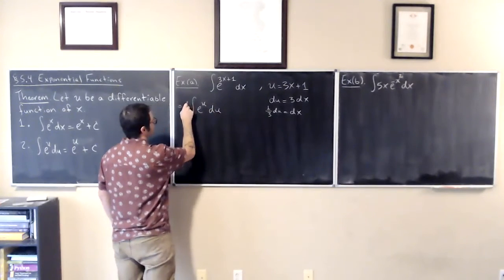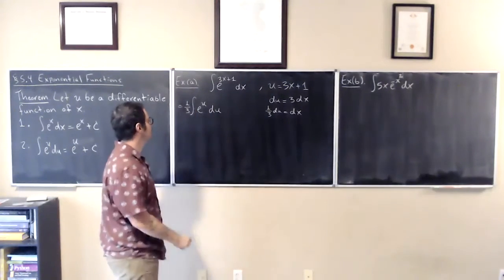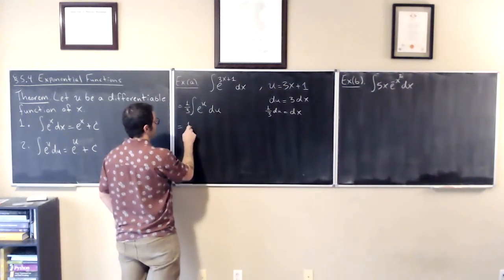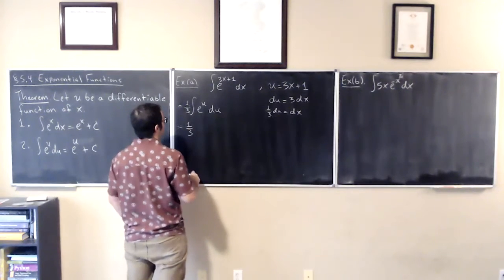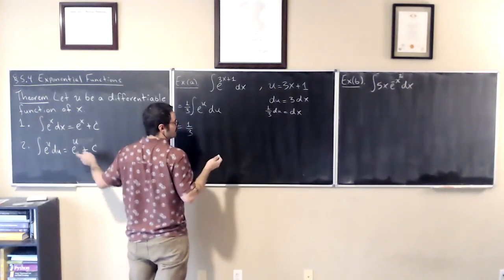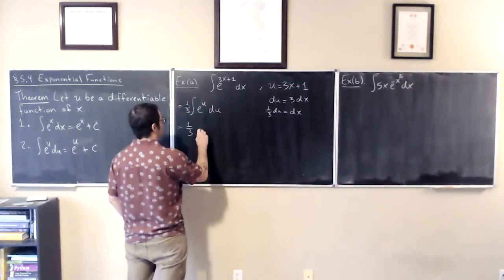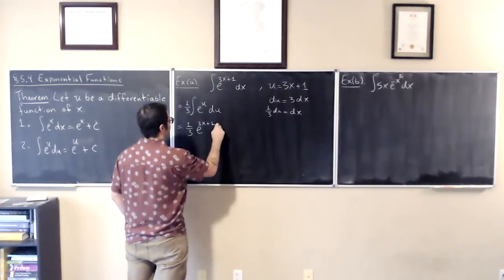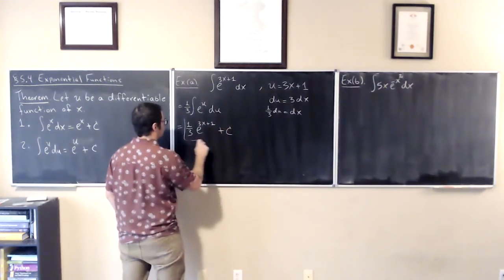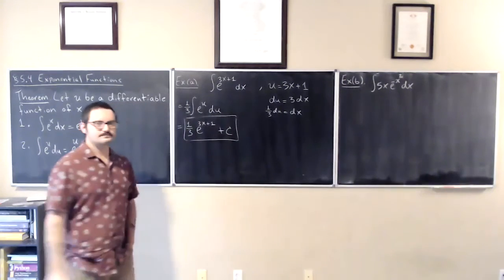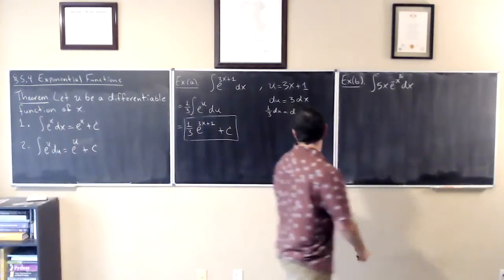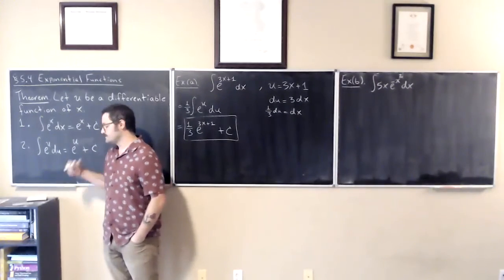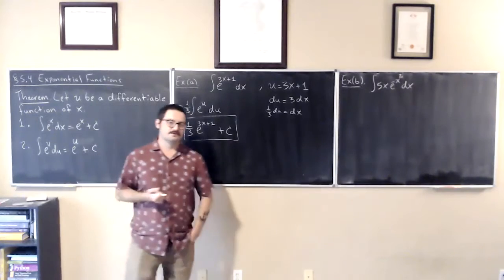But since 1/3 is just some constant, I can bring that outside the integral. And then I have that this is 1/3 of e to the power u plus some constant c. So e to the power 3x plus 1 plus some constant c. Okay. So this, again, provided you are comfortable with integration and change of variables, you should be okay with this stuff.